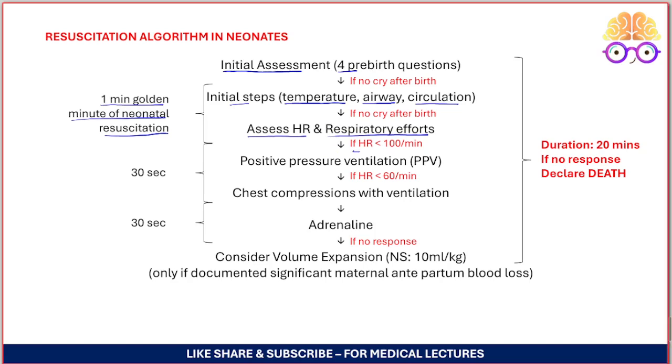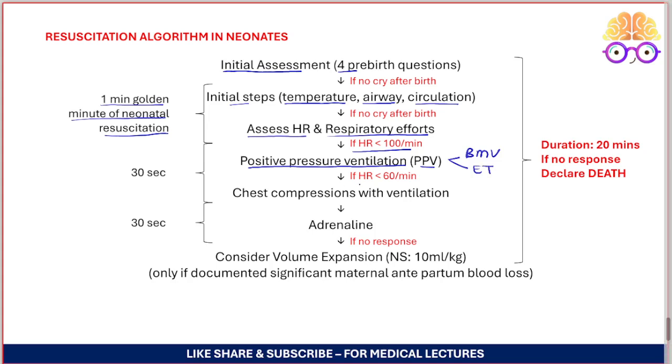After assessment of heart rate and respiratory efforts, if the heart rate is less than 100 beats per minute, then we remember the positive pressure ventilation, okay, with bag and mask ventilation or the endotracheal tube.